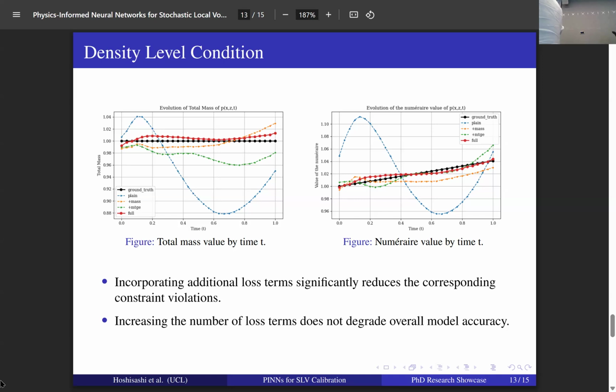But by adding the additional loss terms, we can approach the ground truth. The martingale error side shows the same tendency. What we can see here is that increasing the number of loss terms usually makes things a mess and complicated, but it does not degrade overall model accuracy when using the loss balancing or self-adaptive weighting schemes.